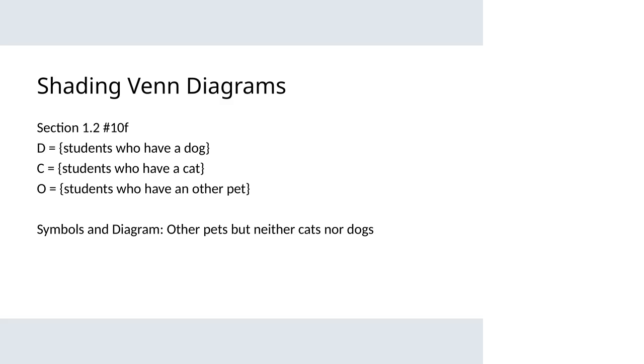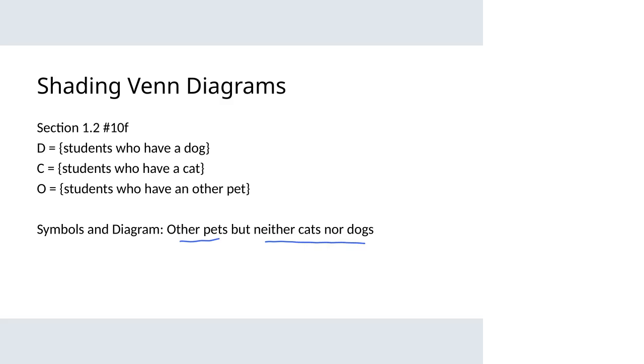Part F says students who have a dog, cat, other pet, and this one is symbols and a diagram. So the instructions are the same as the last one. Come up with symbols and a diagram for: they have other pets, but neither cats nor dogs. So they don't have a cat, they don't have a dog.